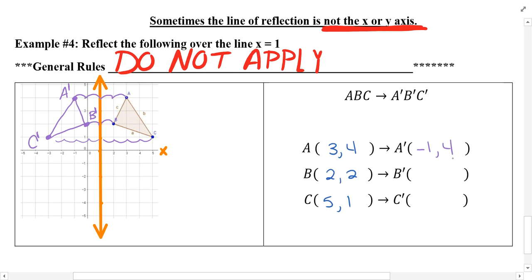B is going to be at 0, 2, and then C is going to be at negative 3, 1. So you will notice that the y values stay the same, but that's not following one of those general rules.